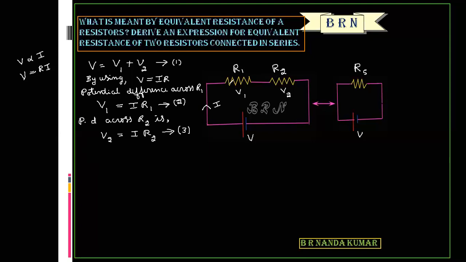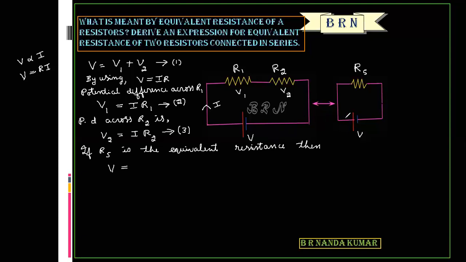Now if the two resistors are replaced by a single resistor having equivalent resistance, that is, the resistance of a single resistor which produces the same effect as the combination, and Rs is the equivalent resistance, then V is equal to what?